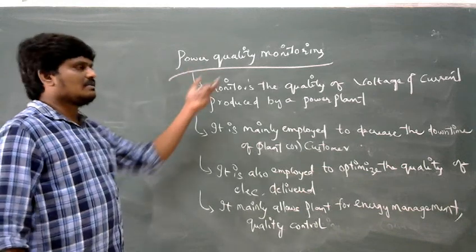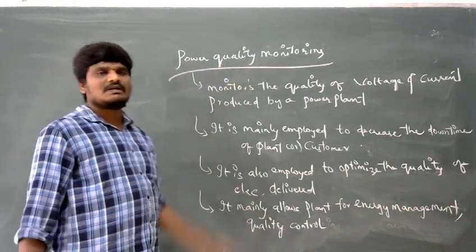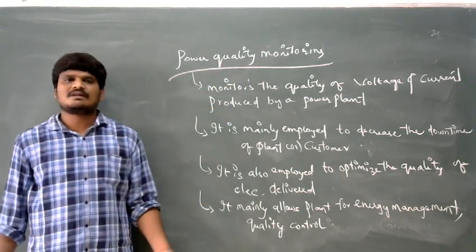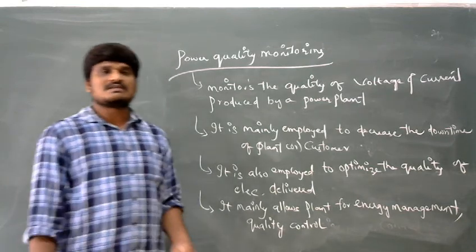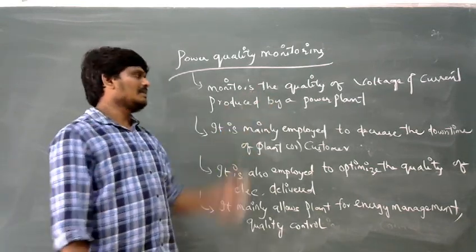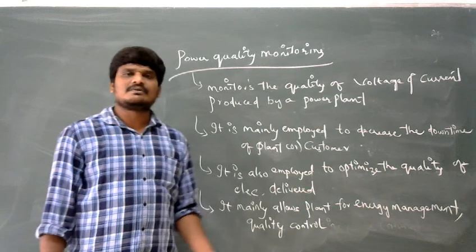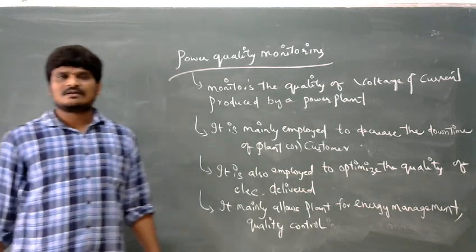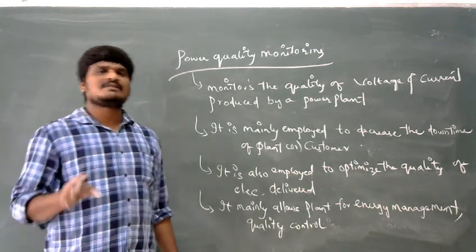So what is the first topic? Power quality monitoring monitors the levels of voltage and current. And what is the main reason to employ the power quality technique? It is mainly employed to decrease the downtime of a customer, and also for the optimization of electricity.